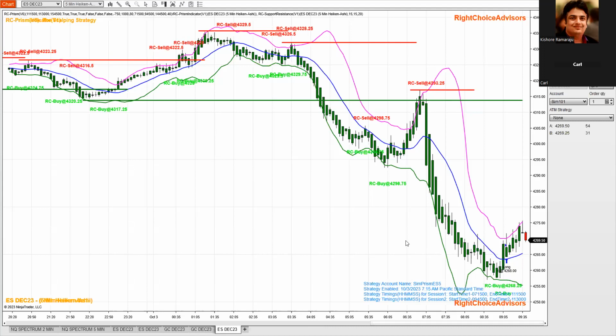So if you have to manually close it right now, how do you do it, Kishore? Yeah, you go to the Ninja control center. I'm only watching the chart, but it's the Ninja control center where you enable the strategy, right?